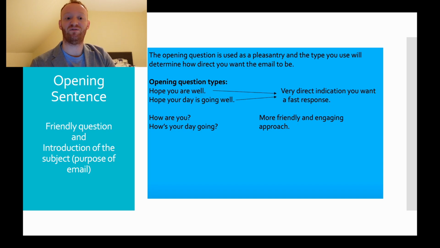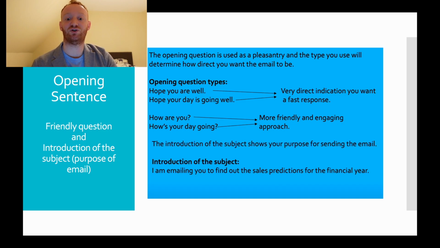For example, if your opening question is, I hope you're well, or I hope your day is going well, this is an indication that you're being very direct and that you want a fast response. You don't want to have small talk. However, if you use, how are you? How is your day going? That's a more friendly approach and that means you want to know how they're doing. It means you're taking time to understand how they're doing on that day.